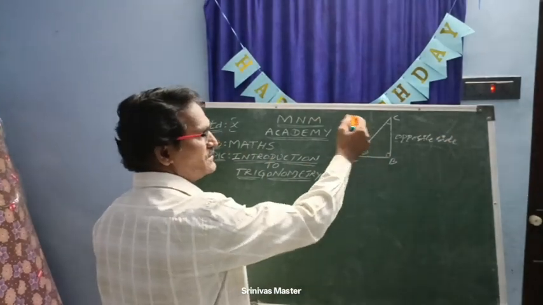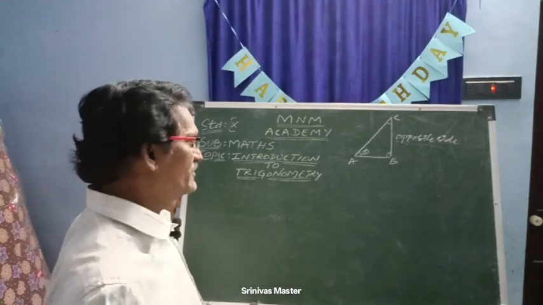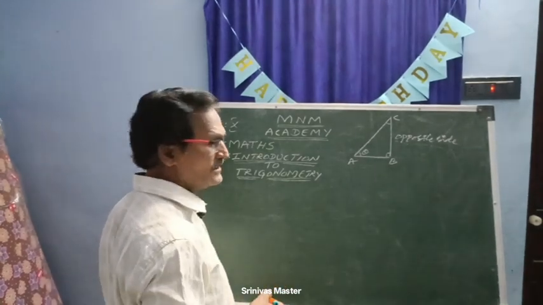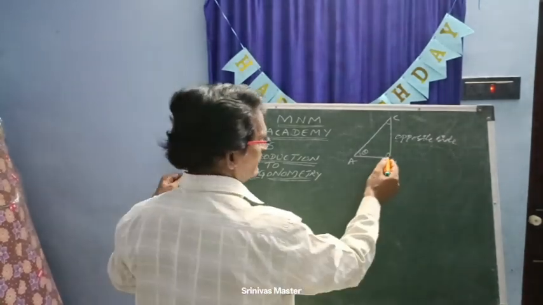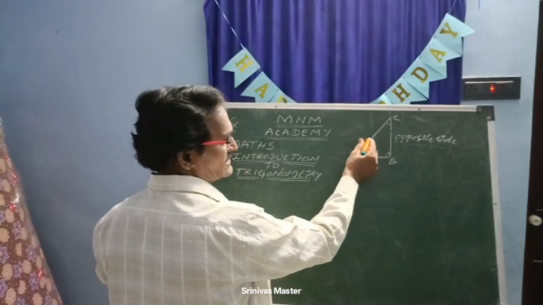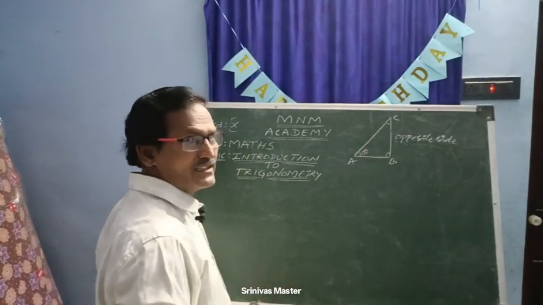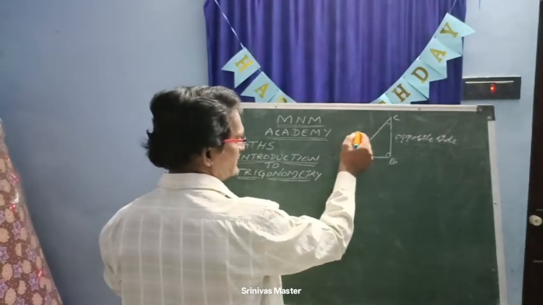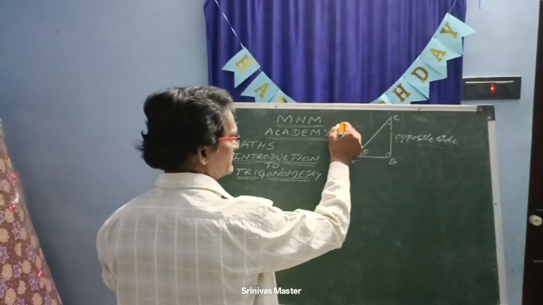The side opposite the right angle is the hypotenuse, which you already learned in the 8th standard. That means AC is the hypotenuse. Okay, children.